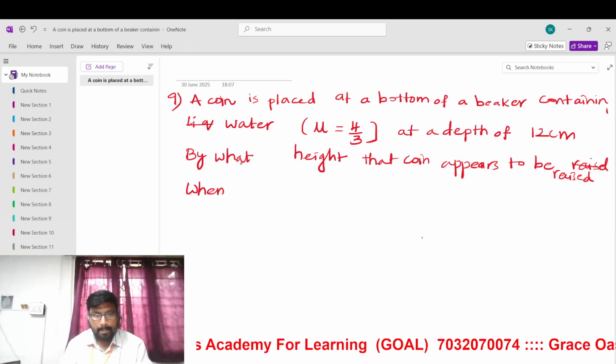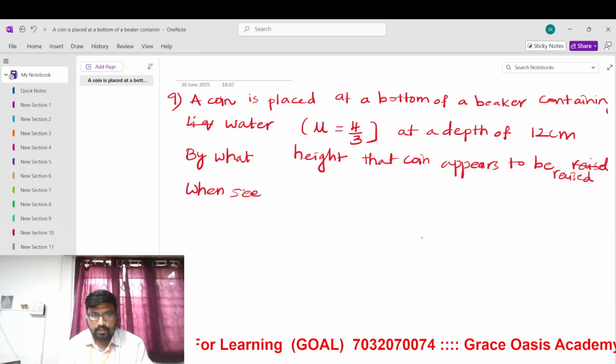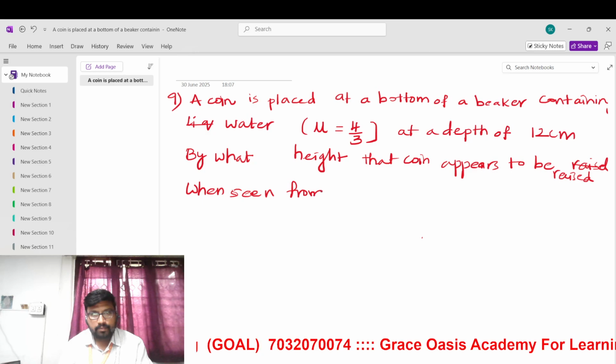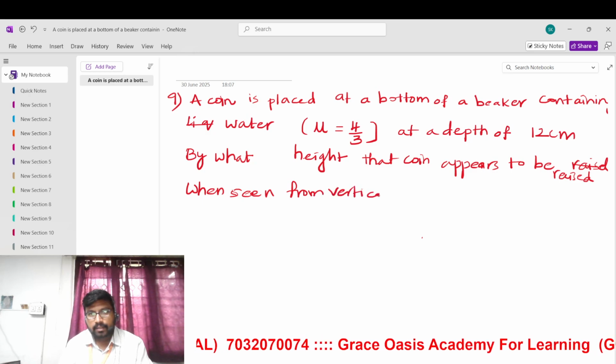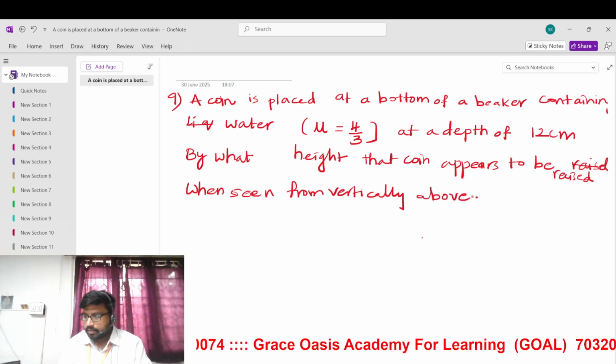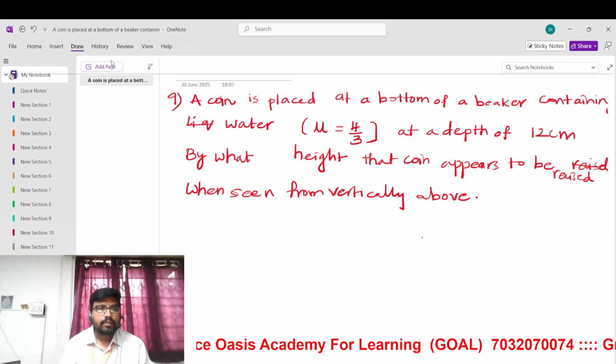So when seen vertically from above, what is given here? First of all, let us take what is given.